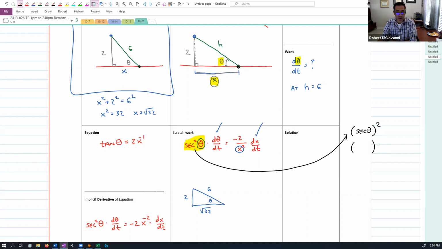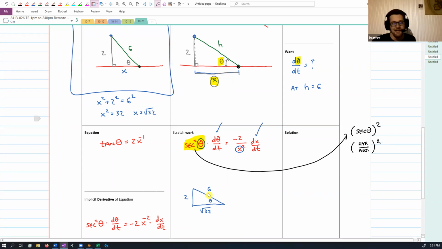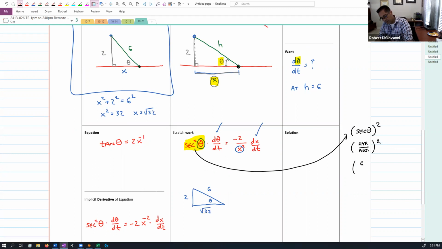So secant is its reciprocal. So instead of adjacent over hypotenuse, shouldn't this just be hypotenuse over adjacent? Whatever that is squared. 6 over root 32. Yeah, so your hypotenuse is 6 and your adjacent side is root 32. So this should become 6 over root 32 squared, which is 36 over 32.